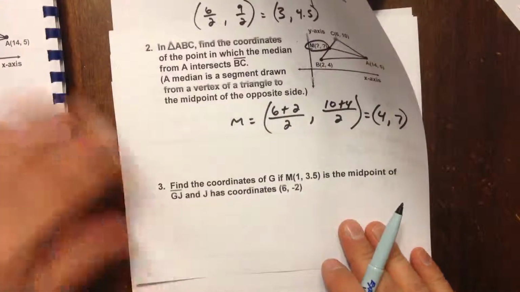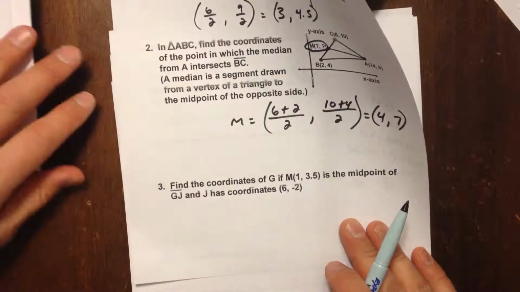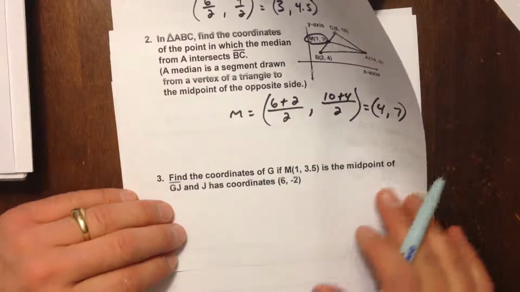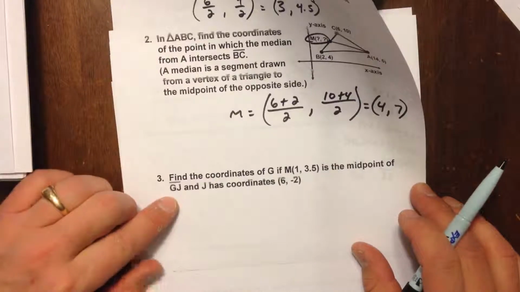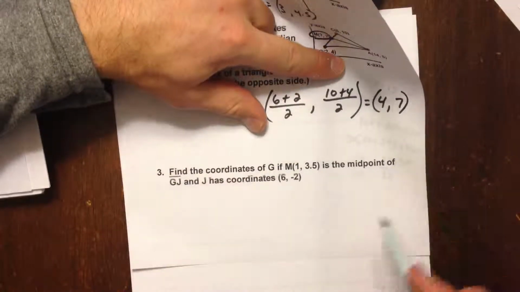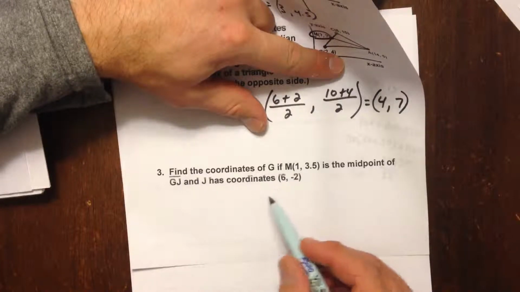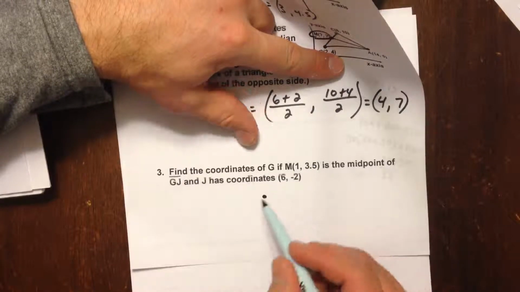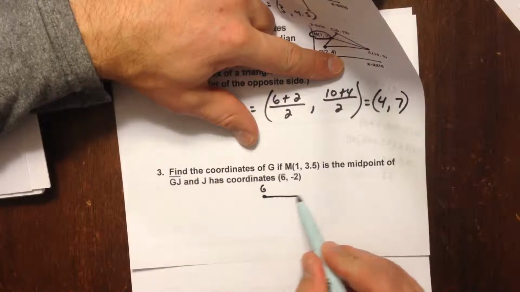Alright, number 3. It says find the coordinates of G if M is the midpoint of GJ and J is the coordinate of 6, negative 2. Okay, so G is one of the endpoints.